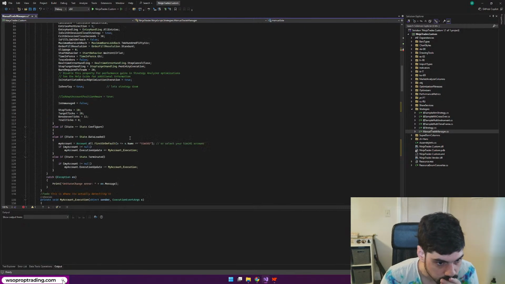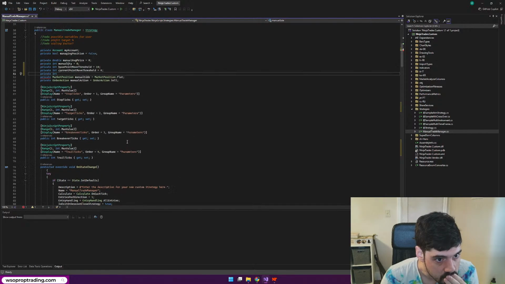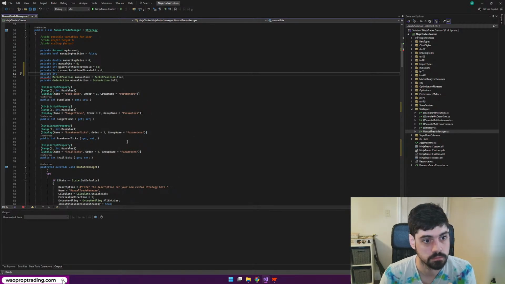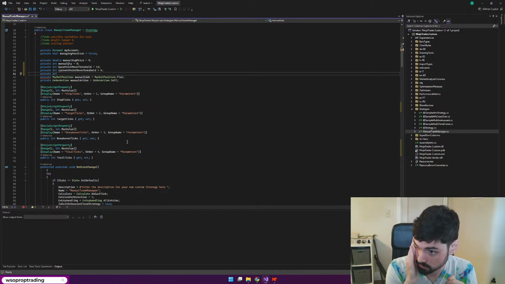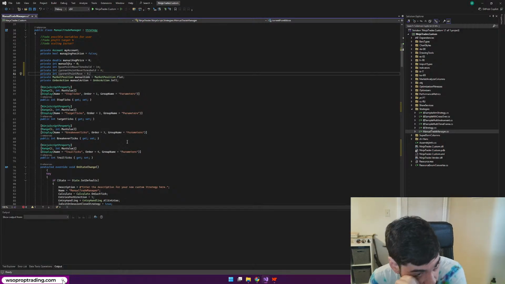Alrighty, and then we need the actual current point move, which is different from the current point move threshold and the base point move threshold.